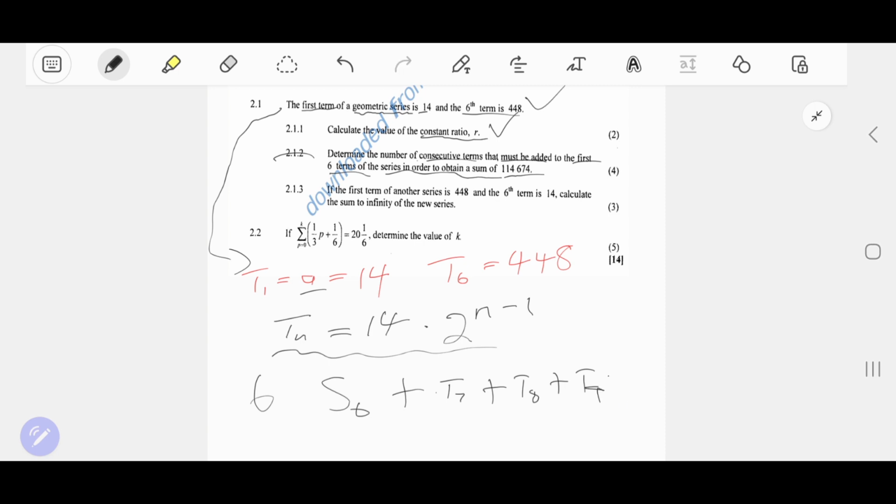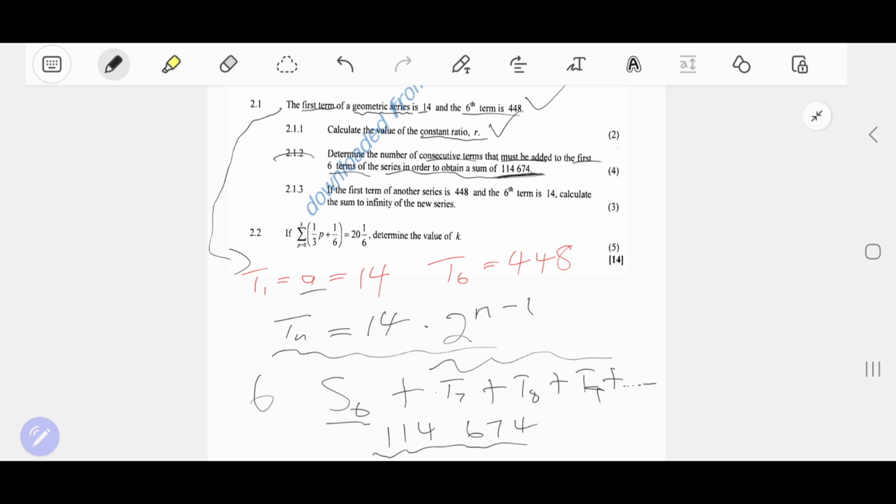How many terms do you have to add? Remember, people, we don't know where they end up, so it's going on and on. But how many terms must you add so that the final answer of that sum equals 114,674? So you will add these 6 terms and then add the next ones we don't know, but whatever number of terms you add on top of these 6 terms, the sum must be 114,674.